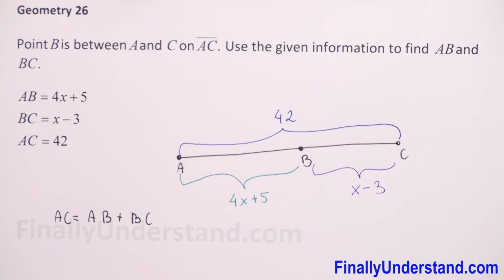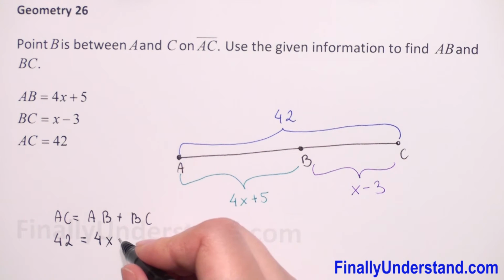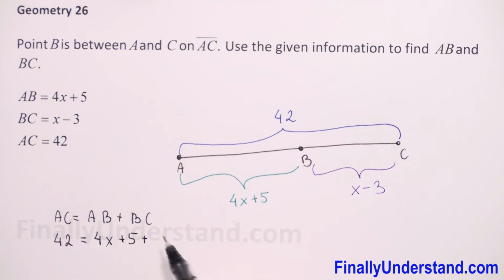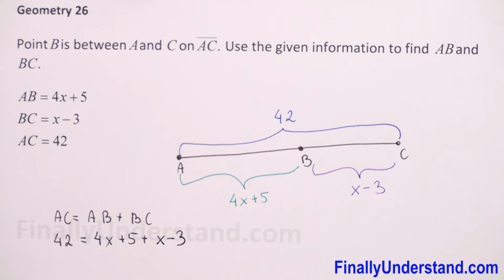So now we can substitute AC by 42, AB is 4x plus 5, and BC is x minus 3.